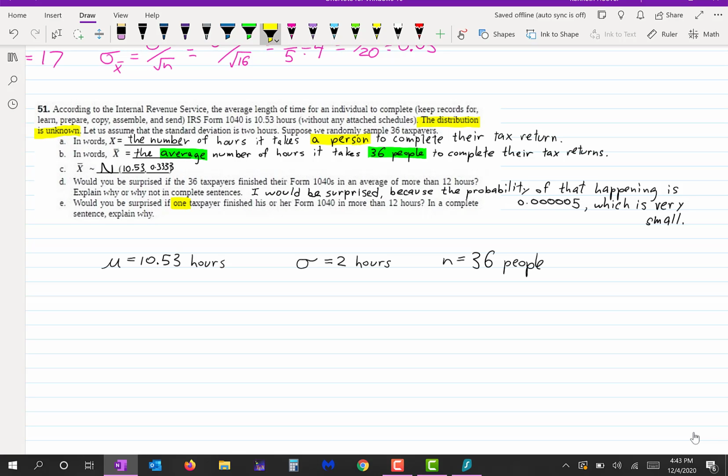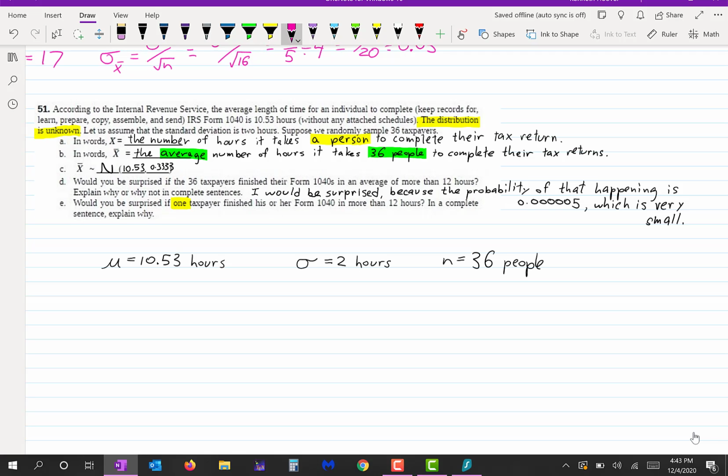So on the one hand, I feel like, how are you going to make an educated answer when you don't even know how the individual times are distributed? However, if they force me to make an answer, I think I can still give an educated answer because of this.